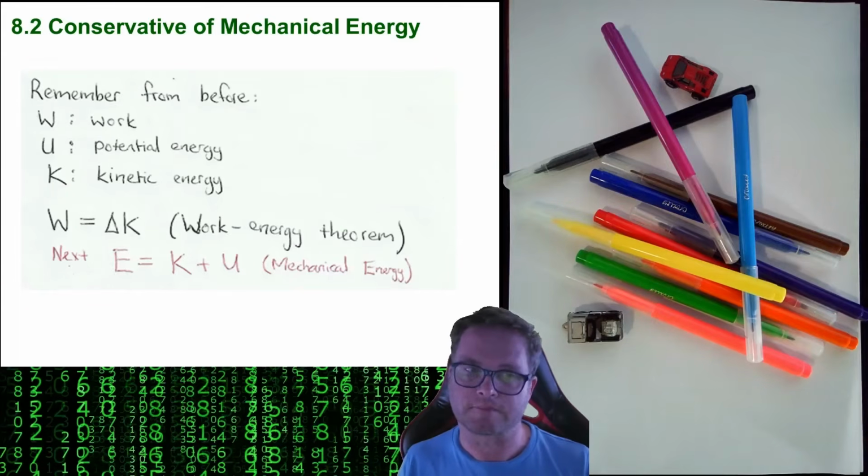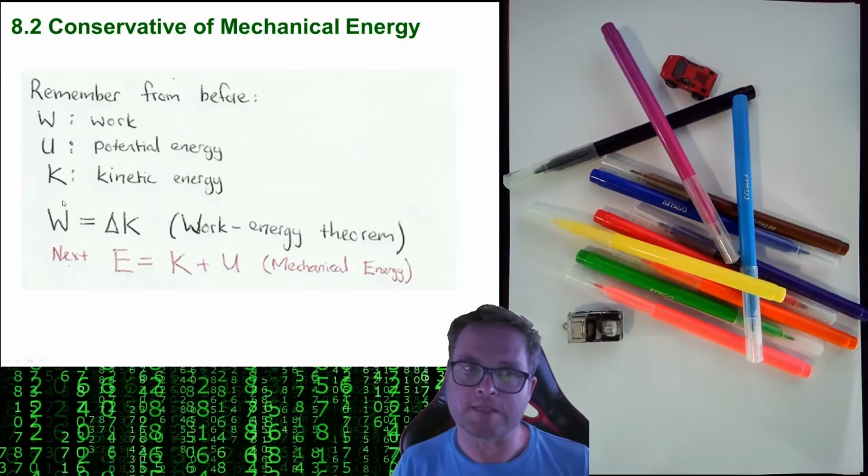And we also have kinetic energy, which we defined as half mv squared, and we express that with a capital K. We have then also the work energy theorem, and the work energy theorem said when work is done on a system and the only change is in the speed of an object, then the amount of work done is its change in kinetic energy. So we express that as the work is the change in the kinetic energy.